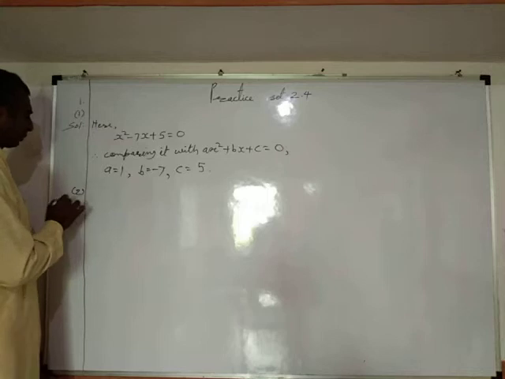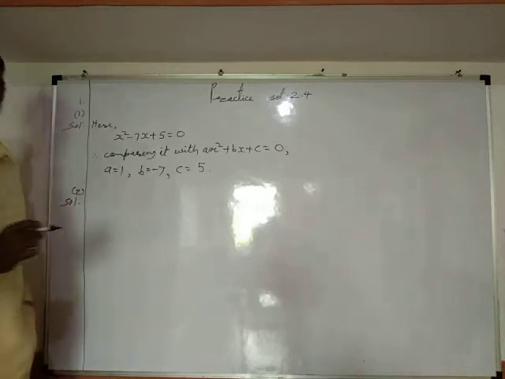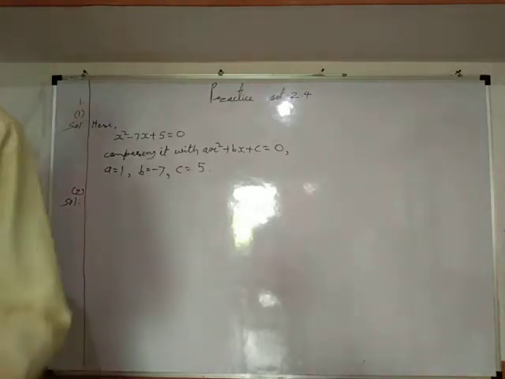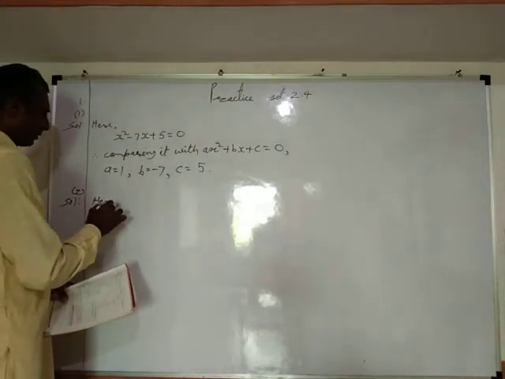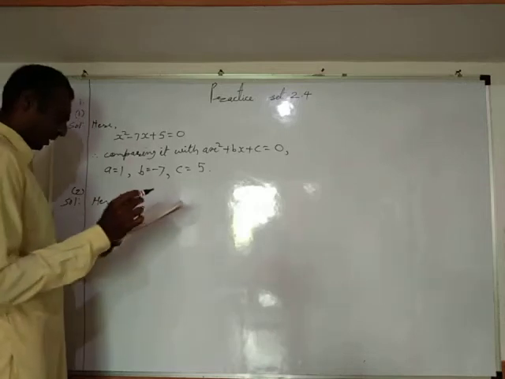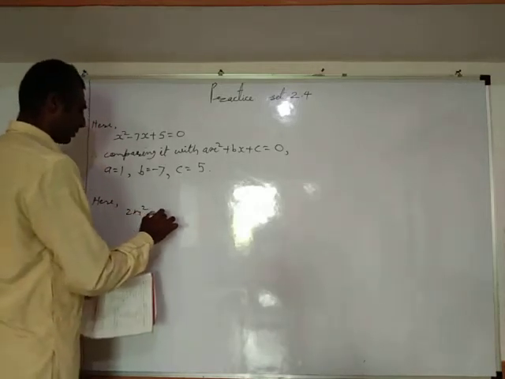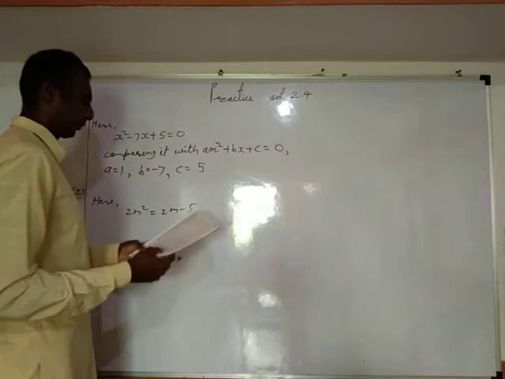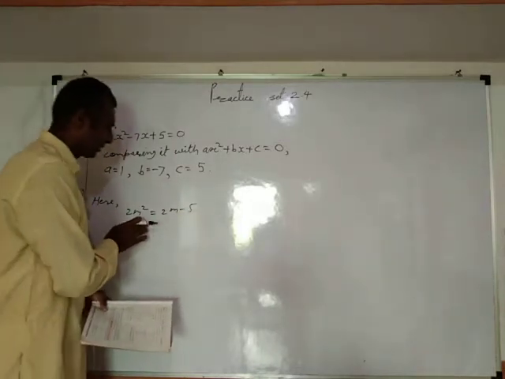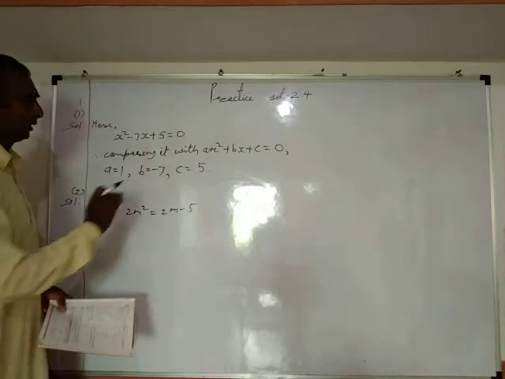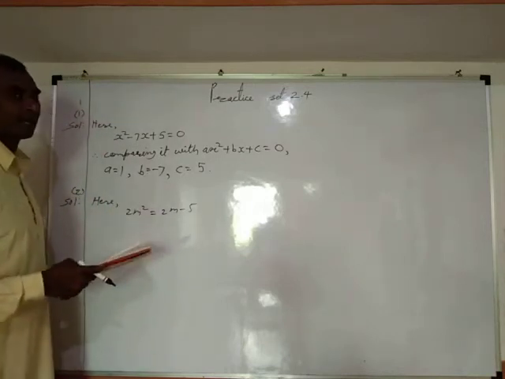Similarly, number 2 solution. Second given equation is 2m square equals 2m minus 5. It is not in general form. At LHS, there is the quadratic term, and the linear term and constant term are at RHS.